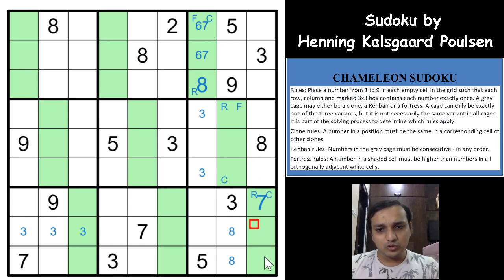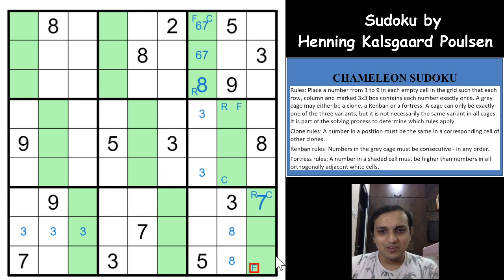Whatever digits you have here will surely be here if it is a clone region, which means those 3 digits have to be here. And as we know that a clone cannot have an 8, and we already have an 8 in this region, this cannot be a clone. So this has to be a fortress.